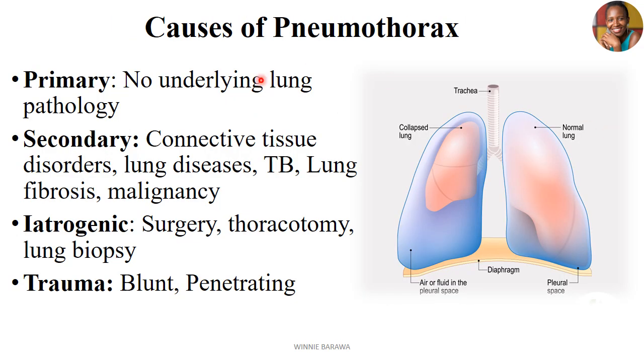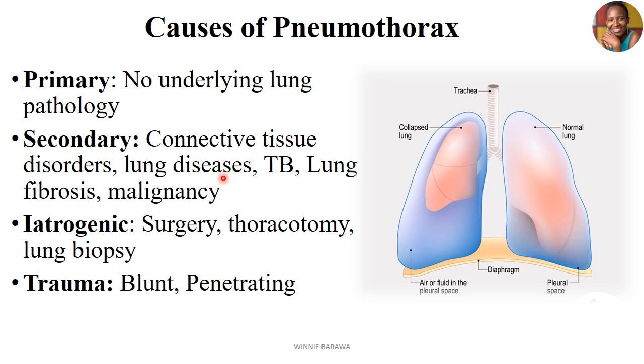And this brings us now into what are the causes of pneumothorax. So we are told pneumothorax could be primary, that is, no underlying lung pathology, but it can have a sudden onset with no known lung pathology. However, in the secondary pneumothorax, most of the time we relate it to connective tissue disorders like cases of lung fibrosis where the lung can have a weakness and it can perforate and start releasing lung leakage.